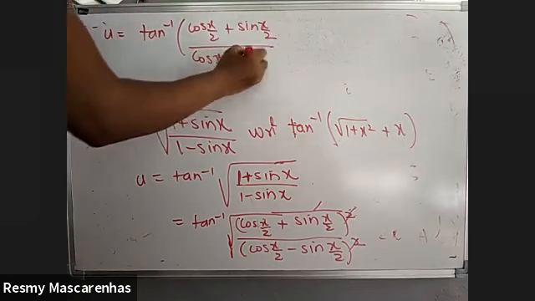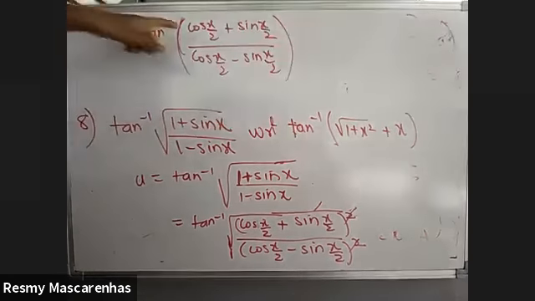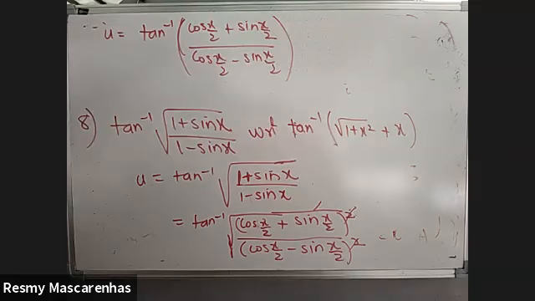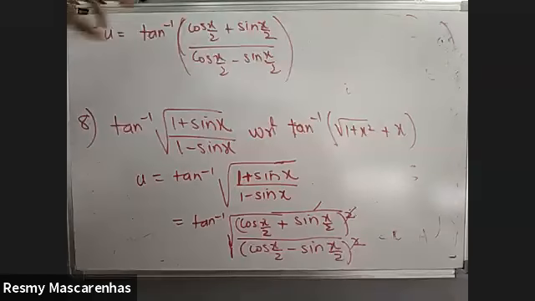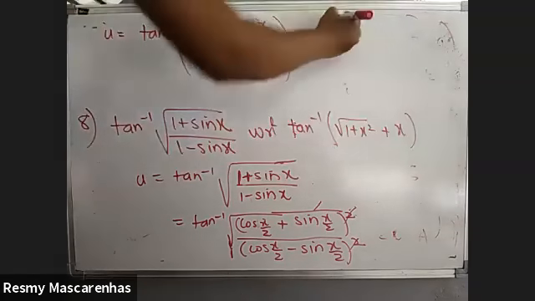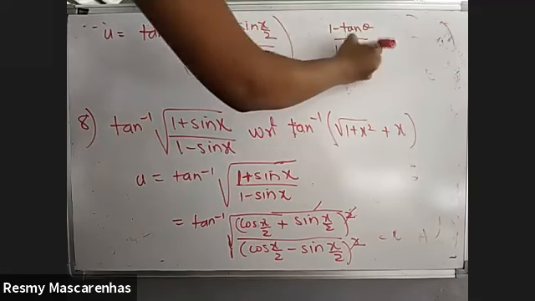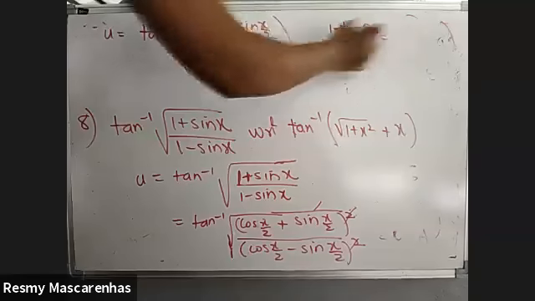now can anyone tell me in which form it is, meaning what will be the next step? There's a combination of cos and sin. Divide by cos x by 2. Yes, you have to divide numerator and denominator by cos x by 2, because whenever there's a combination of cos and sine, I have to try to bring it into this formula: 1 minus tan theta upon, or whichever way.